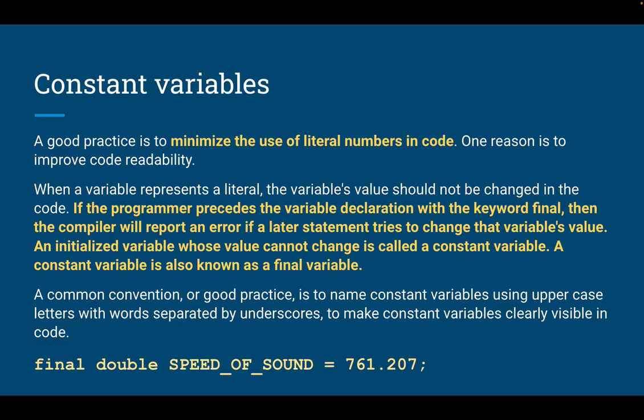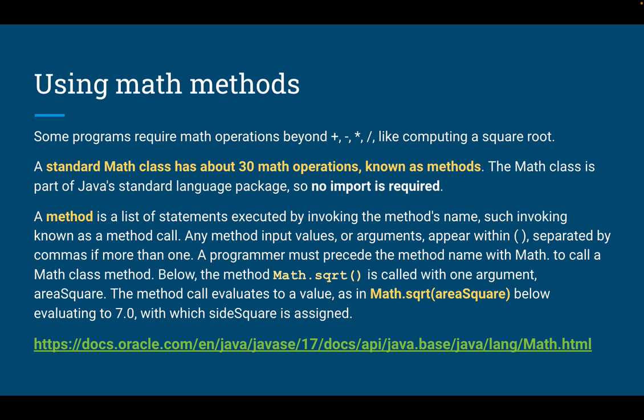The compiler would say, I'm sorry, that is a final variable. It's immutable. We can't change those. So anywhere you have literal numbers in code, think about creating a final or a public static final variable. And you notice here at the bottom, we made it all caps with underscores. Any questions?